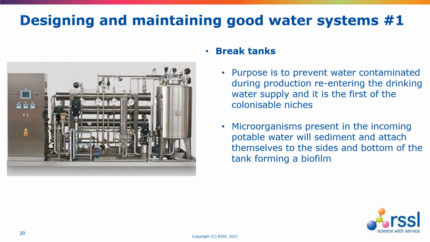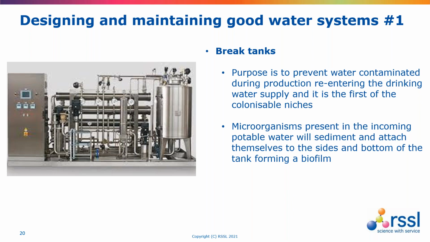So what we're going to do now is run through some of those elements of the water system and look particularly at where contamination might pose a concern. The break tank is important because its function is to prevent water that might be contaminated during production from re-entering the supply water and promoting colonizable niches of contamination.